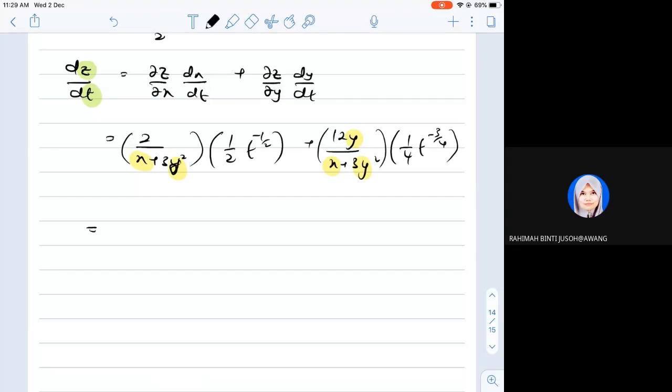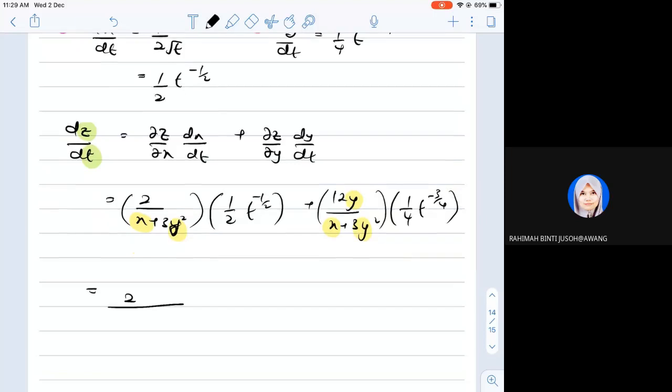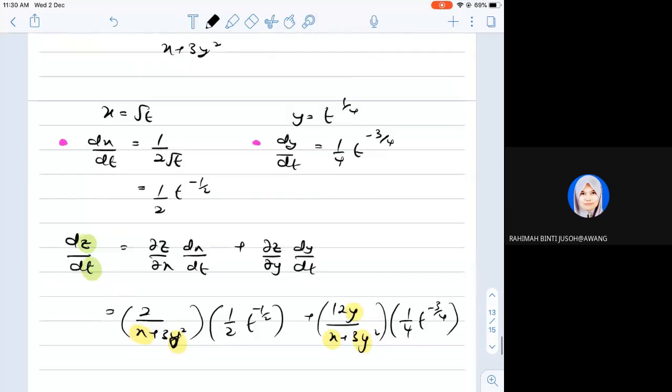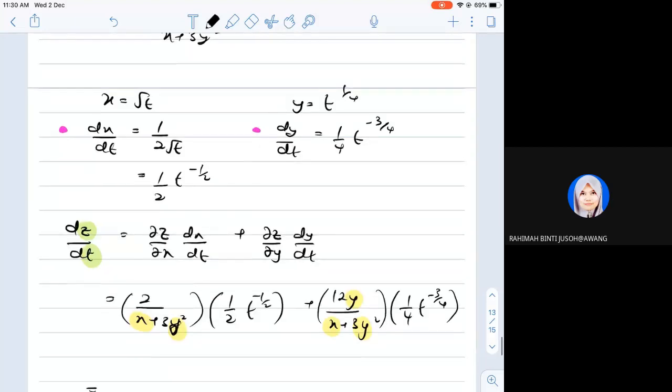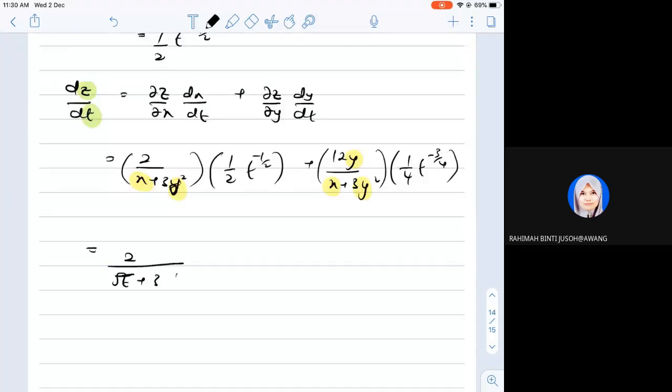Alright, so we will have 2 over x, where x is square root t, plus 3 t to the power of 1 over 4, squared, multiplied by 1 over 2 square root t.